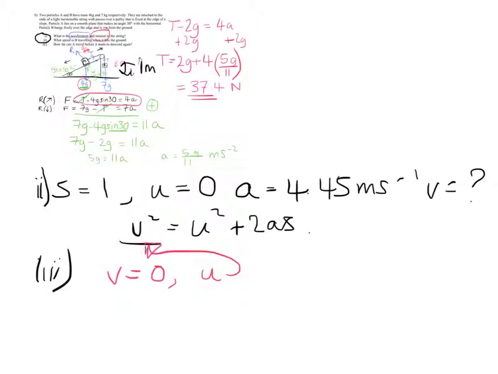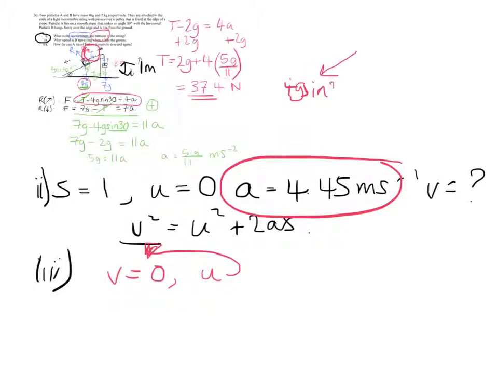Basically the acceleration changes when B hits the ground. When B hits the ground, this tension goes away because the string is no longer taut. So there's no tension. Instead, the only force we have is going that way and is 4g sine 30.